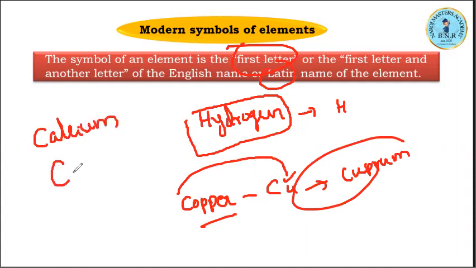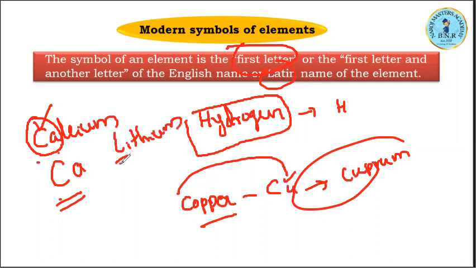If you want to see calcium, its symbol is Ca. How many letters are there? First two. Rather than only one, for some elements we have two letters, either first and second or first and third. If you see lithium, its symbol is Li.